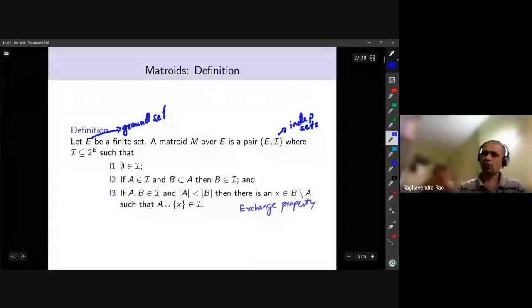If you have two independent sets and one is larger than the other, then the smaller one can be grown by adding one element from the larger one. Formally, if cardinality of A is less than cardinality of B, there is an element in B but not in A, such that if you add this element to A, the resulting set still remains independent.